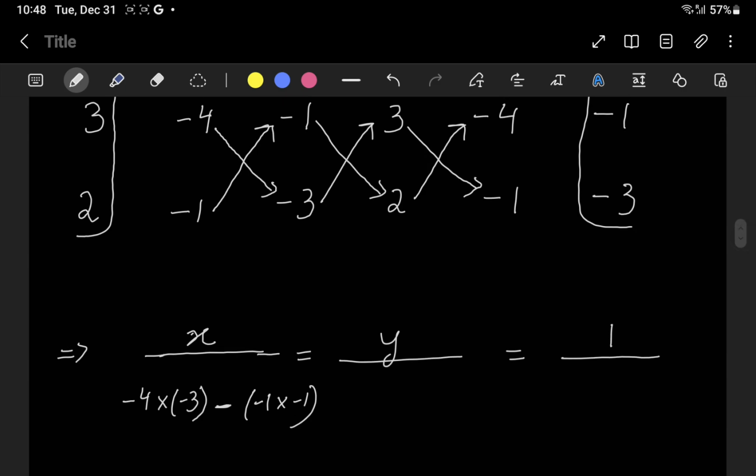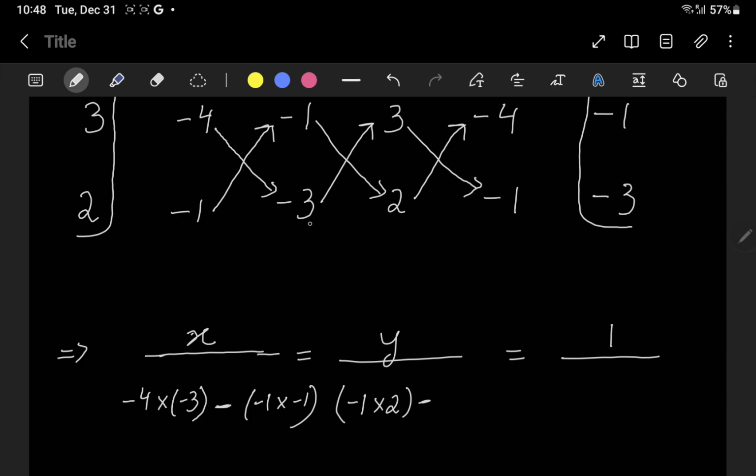Again in the next step minus 1 multiplied with 2, again with a minus sign like the previous one.